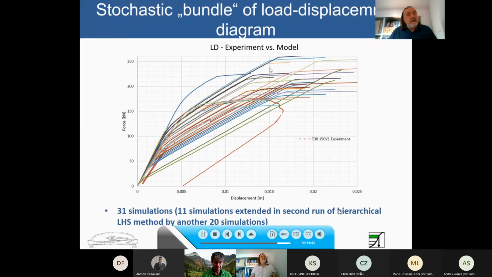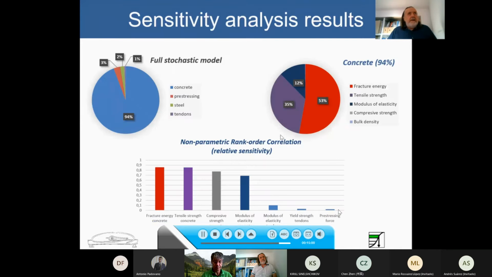You can see there is a big scatter influenced by a random variability of the parameters, and we wanted to know how parameters influence this capacity. So what are the most important? So some sensitivity analysis results. Just here you can see non-parametric rank order correlation, which represents relative sensitivity.